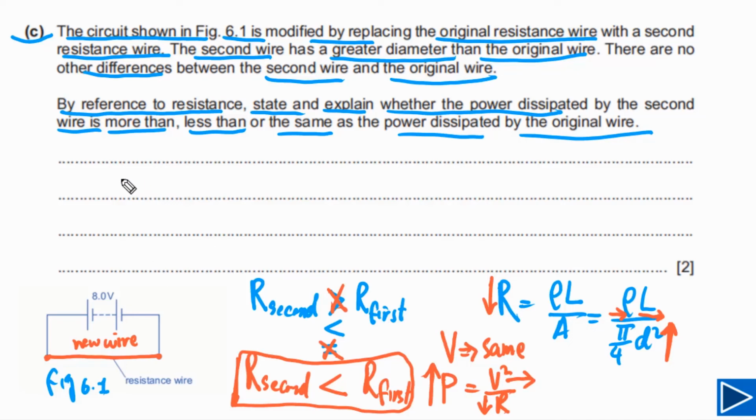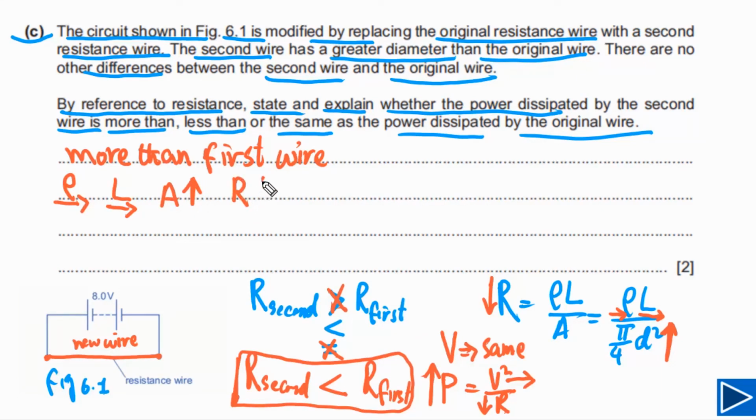So first thing we can say, in this case, power dissipated is more than the first wire. This is what you need to state, more than the first wire, or you can say the previous wire. This is the first point you can write. And the second point we can write down is the resistivity. We can also say as resistivity is the same, L is the same, but cross-sectional area is greater.